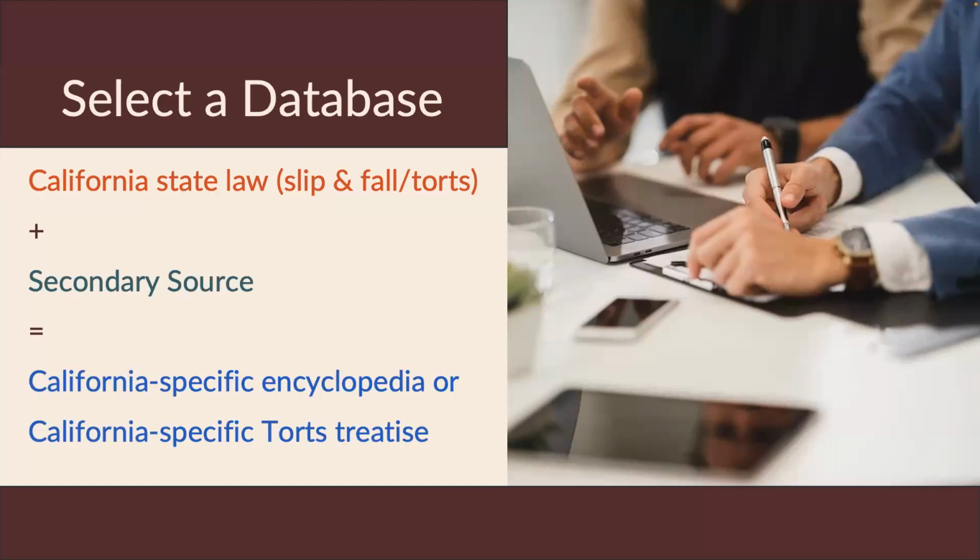What you know, you're dealing with California state tort law, and what you need, a secondary source, means that the smallest, most relevant database you should select is a California-specific encyclopedia, like Witkin or CalJur, or a California-specific torts treatise, like California Torts or California Civil Practice Torts.